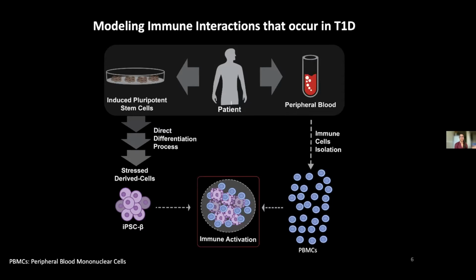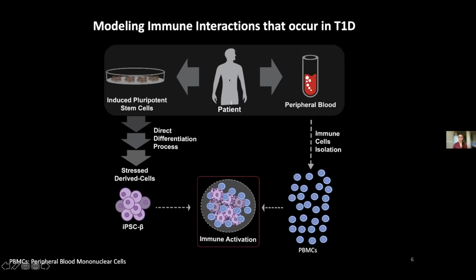So we decided to focus on the interaction of the beta cells with the T cells, which we believe is one of the main factors triggering type 1 diabetes. In this figure, I'm showing you the experimental approach that we used. Basically, we generated beta cells from induced pluripotent stem cells from patients.